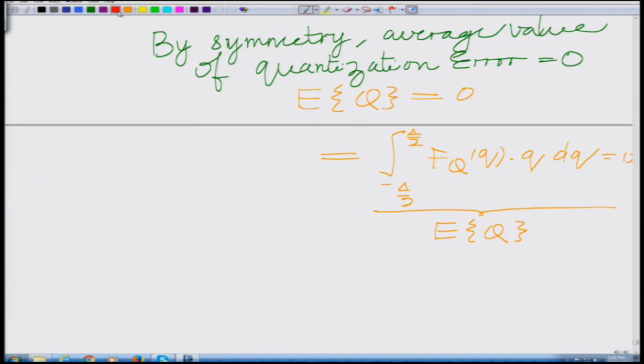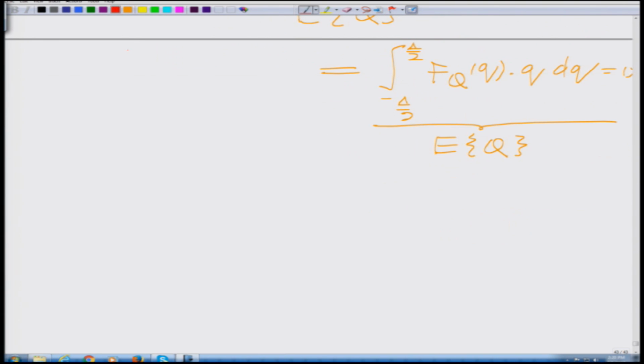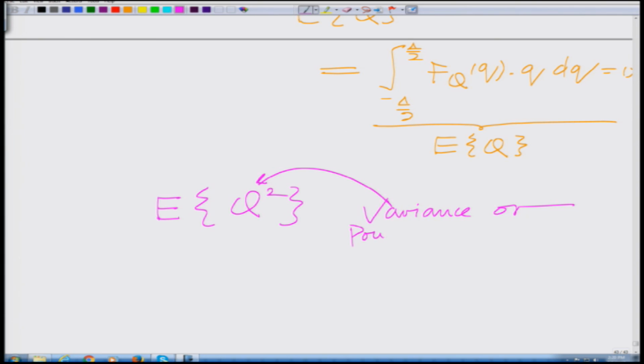Now, we want to find the expected value of q square, the variance or the power of this quantization error, or quantization noise. So, we need to find the variance or power of the quantization error, also termed as quantization noise.